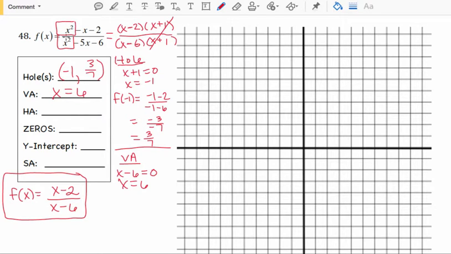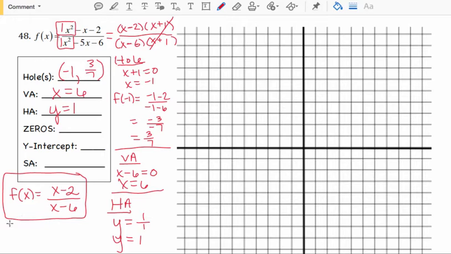They're the same. I have an x squared over an x squared. So your horizontal asymptote is going to be y equals the coefficient of the numerator over the coefficient of the denominator, and you get y is equal to 1.